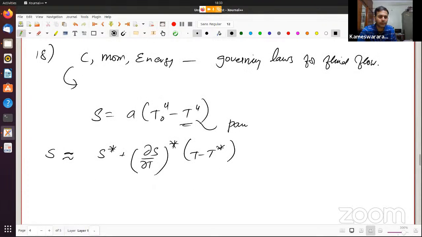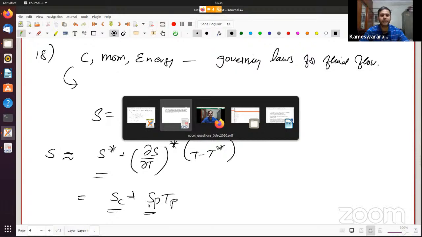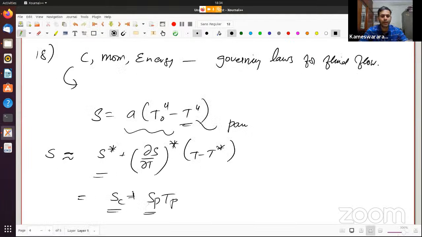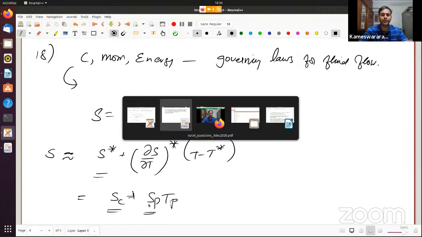You evaluate this term at star values, the current iterated values, take the derivative and evaluate at star values, multiply by T minus T star, and then gather the terms and write it as Sc plus Sp T_P. So these are your Sc and Sp terms coming from your linearized source.